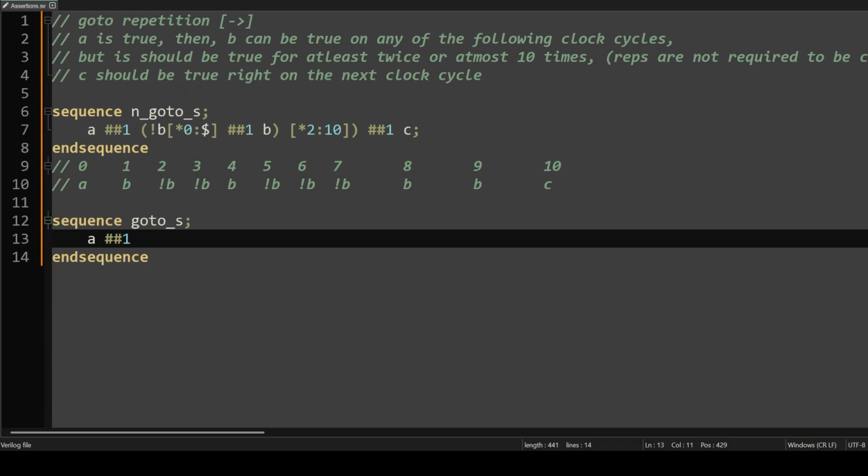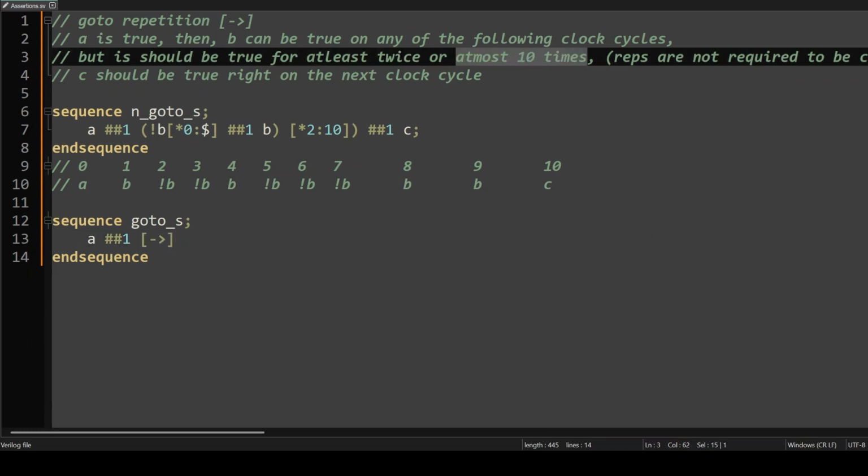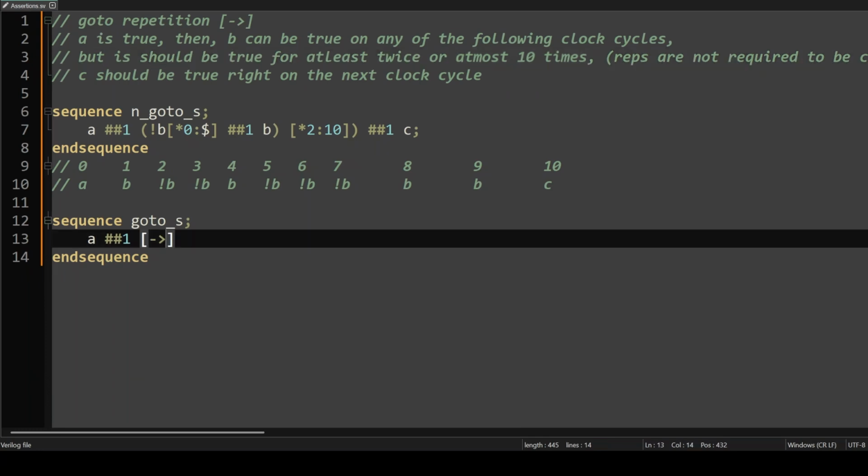So to write that using repetition, you just have to write B and inside the square bracket, you write the symbol of the repetition and then the range. The range is at least 2 times and at most 10 times. Then right on the next clock cycle, C is true. This concludes our pattern.